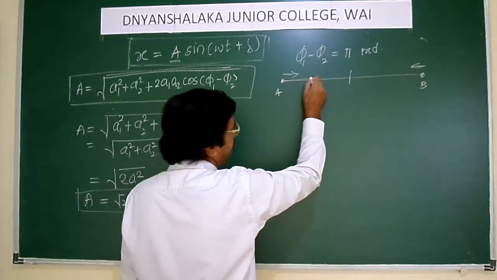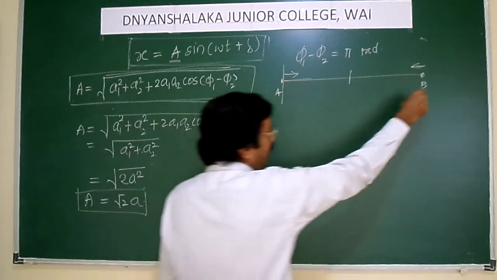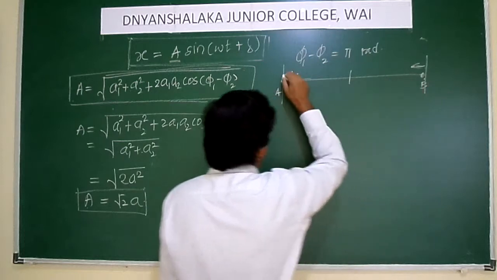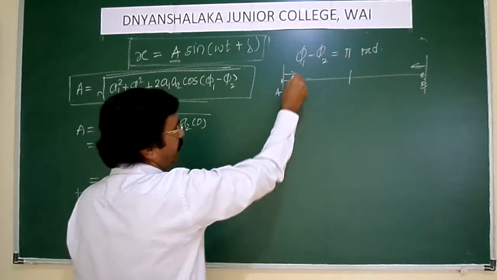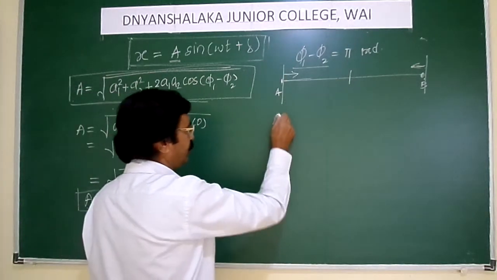So this SHM is from starting phase is from left hand side, and for this starting phase is right hand side. So the phase difference between them is pi.